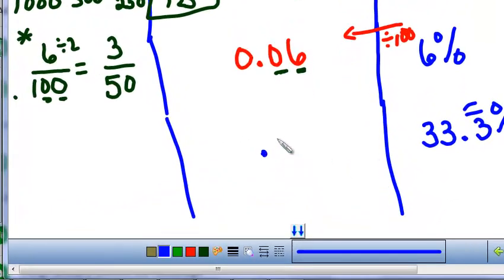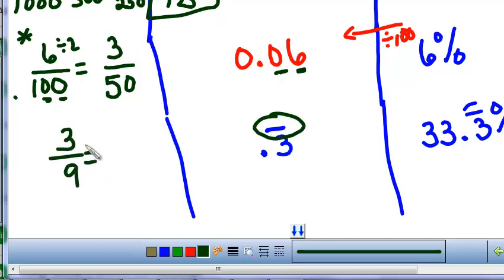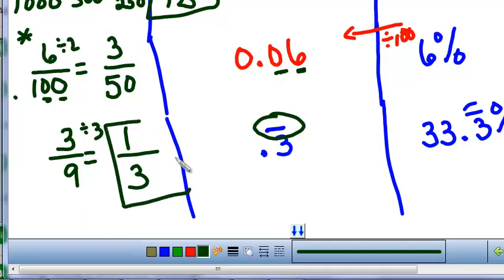So I'm just going to say, well, that's 0.3 repeating. Because of this 0.3, they're going to be the same. Okay? And then I know, because if it's a line, it goes over 9, so 3 over 9. And then I can simplify this. If I divide by 3, 3 divided by 3 is 1. 9 divided by 3 is 3.